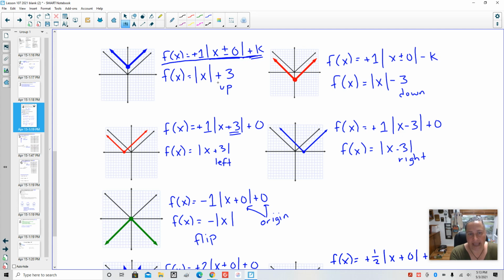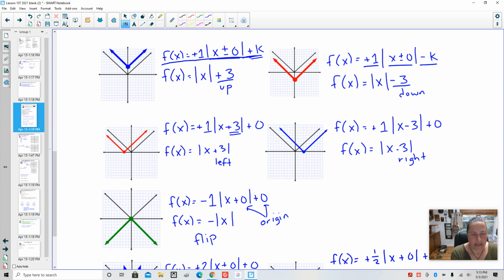But our k is going to be a +3, so it moved up 3. On this one, we are looking at f of x equals +1. So it's going to have the same slope left and right, and it's going to open upwards. X plus or minus 0, so it's going to be right along the y value. But this time we moved it down 3, -3. We changed the k.